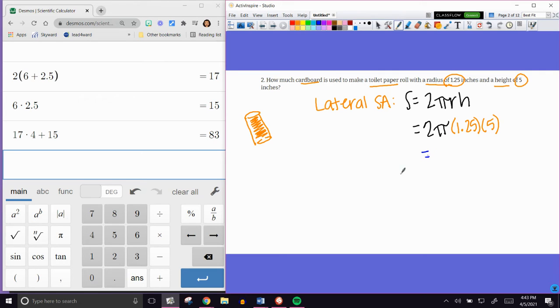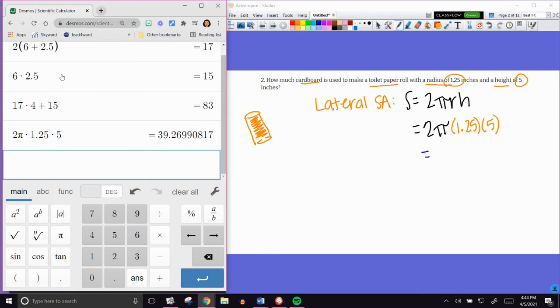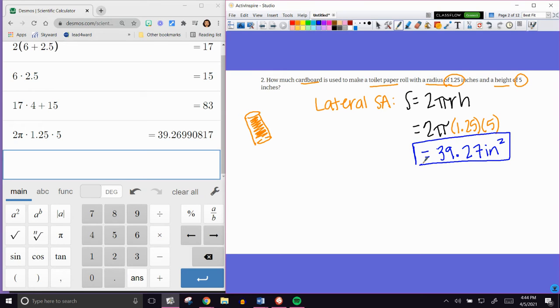All right, so I just need to type that in: 2 pi times 1.25 times 5. And remember, we round to the hundredths place. So 39.27, and these are inches, and area is squared.